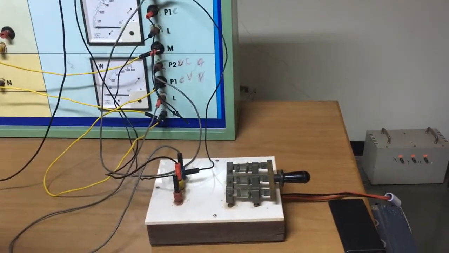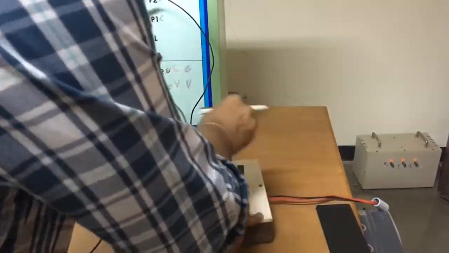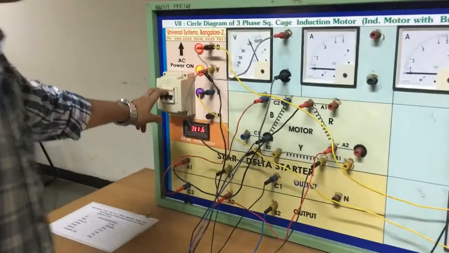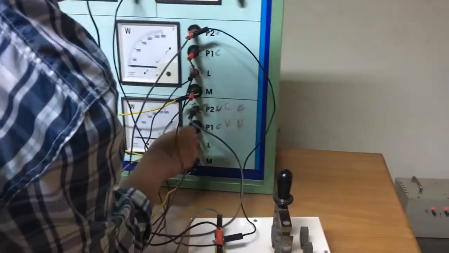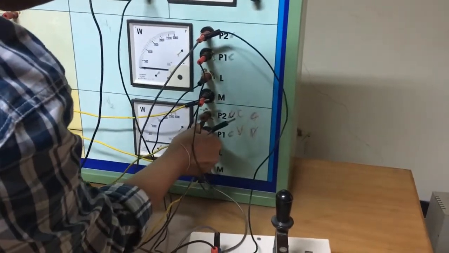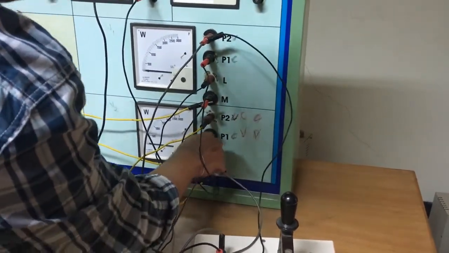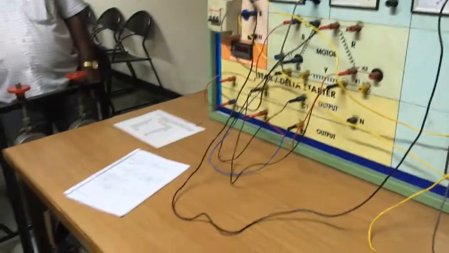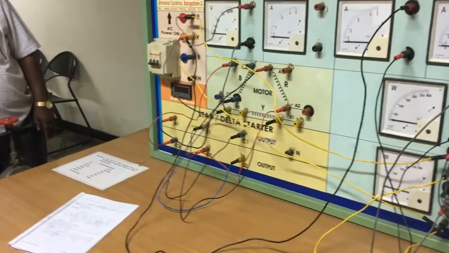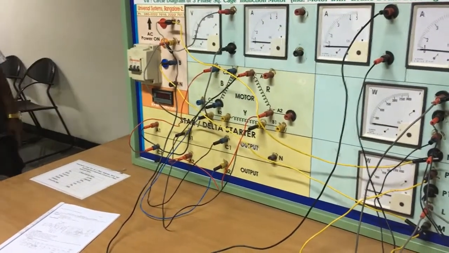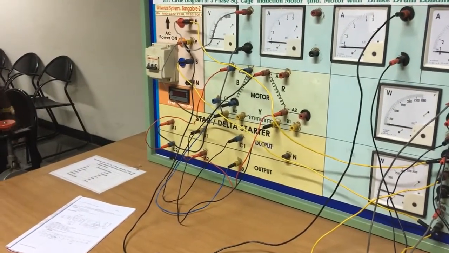Turn off the motor, open the TPST switch, open the supply switch. Now interchange voltage coil connections of W2. Because I am directly increasing the load after 3.3 amperes, it will cross the negative and 0 region, then go into the positive region of values.